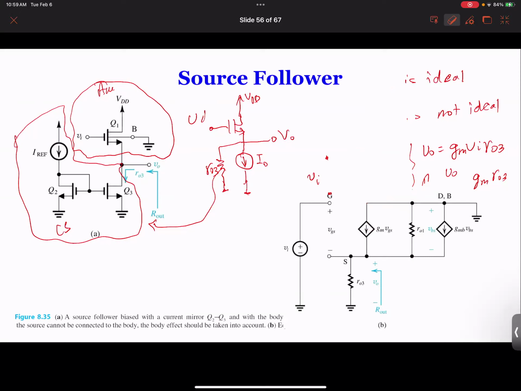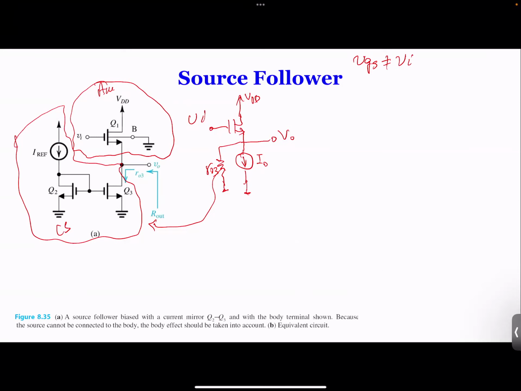Because when I redraw the circuit, I forgot that VGS is not Vi. So again, this is very important. VGS is not equal to Vi. If VGS is not equal to Vi, that's where the trouble comes from. So we draw this one. That's the key.